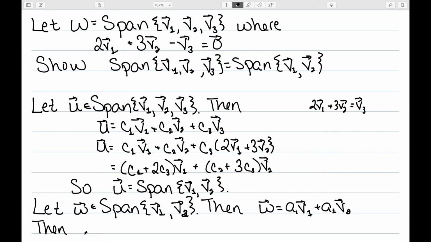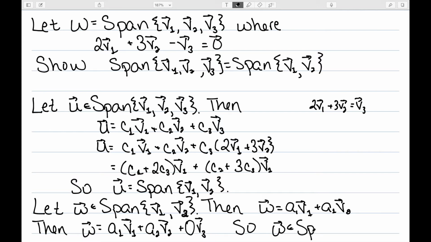And then I'm just going to rewrite this as A1V1 plus A2V2 plus 0V3. So now I've written it as the sum of 3 vectors instead of just 2, and that tells me that w belongs to the span of V1, V2, V3. So I've now shown that these two are equal.